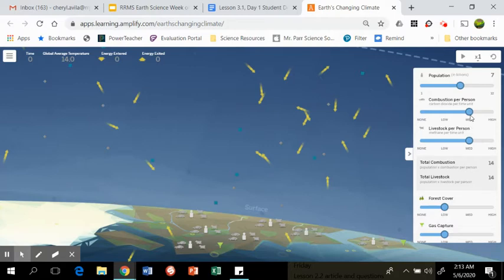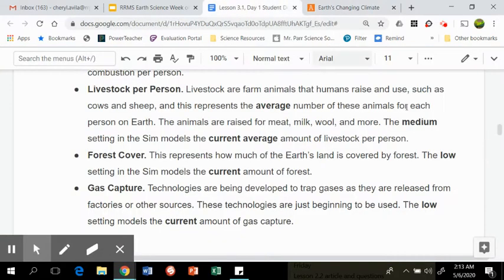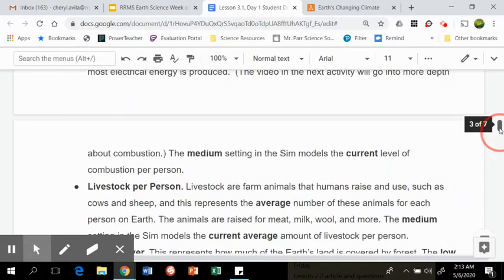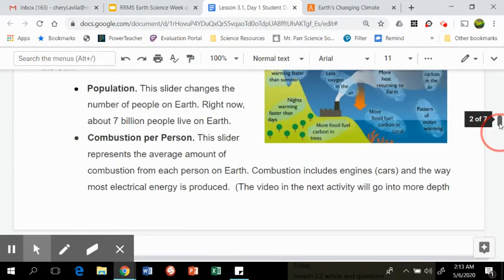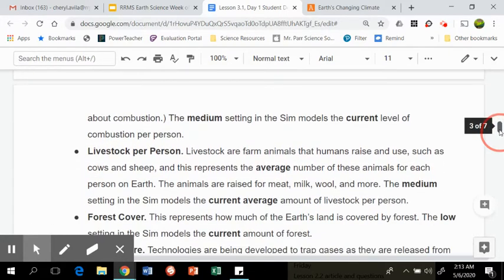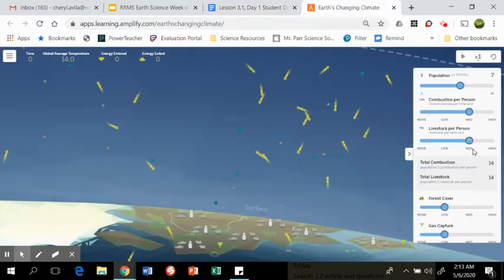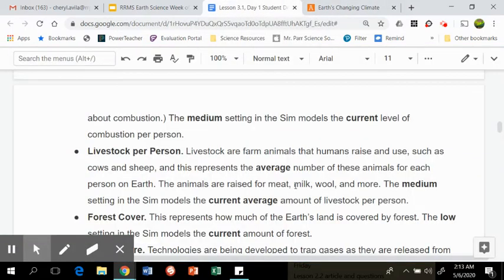Combustion per person, medium represents the average amount of combustion for people on Earth right now. So medium. Livestock per person, we discussed that. Medium represents the average amount of livestock per person at this time.